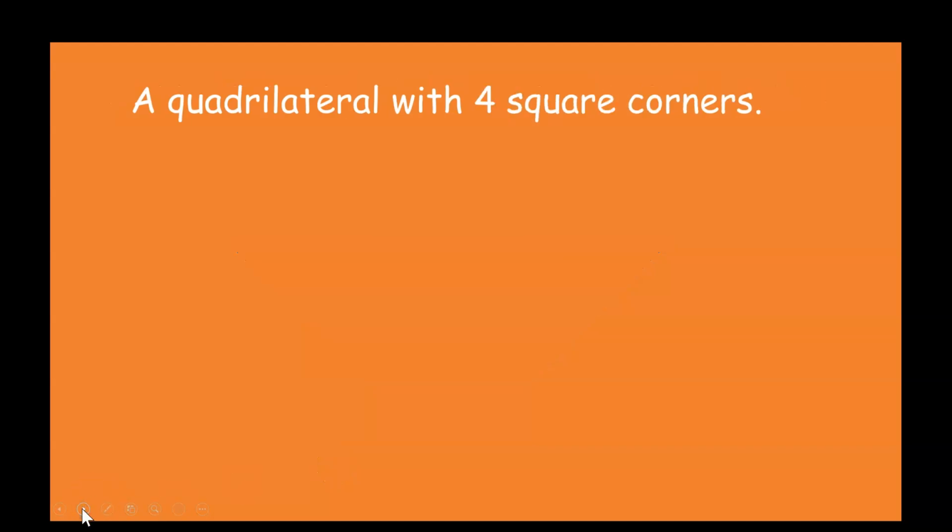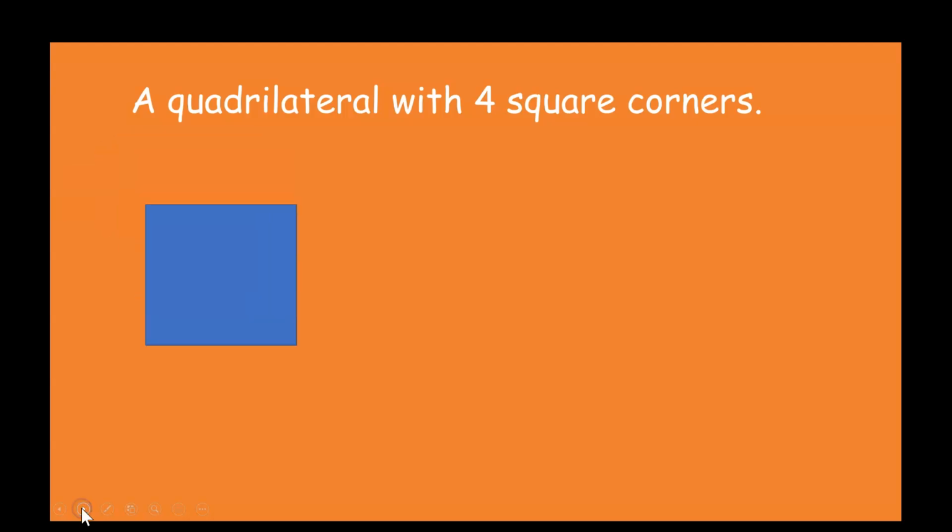This next one, I want you to draw a quadrilateral with 4 square corners. So 4 angles, or 4 square corners, like a square. Alright, remember you can only use the square and the 2 triangles.